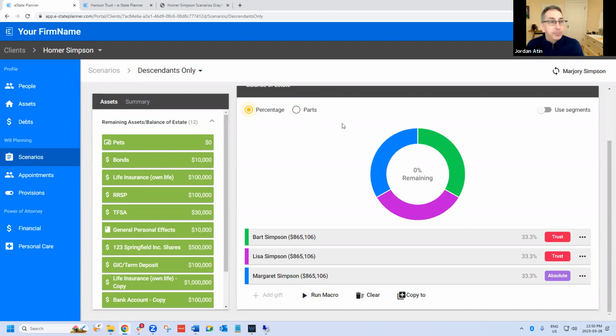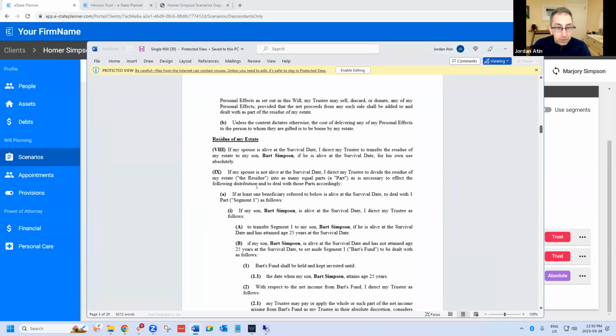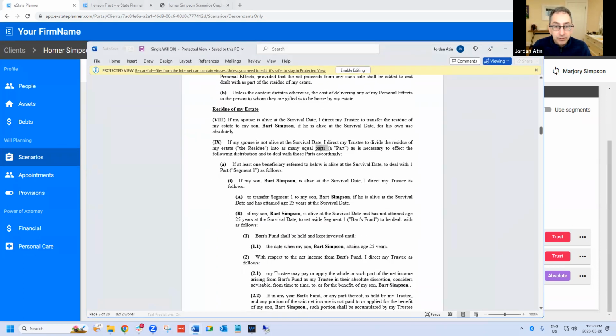By definition, if you're using percentages, you've created 100 parts, and you have to make sure that not even one of those lapses, because if it does, you have an intestacy, a partial intestacy. So any drafting in eState, in the document itself, is always going to use parts, as many parts as needed.